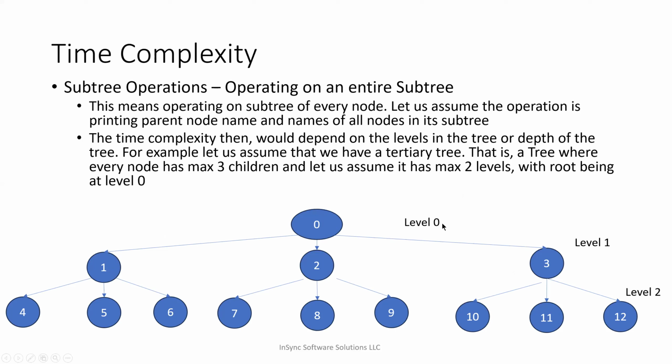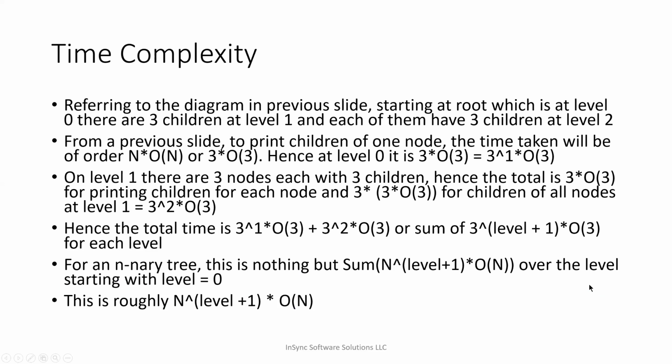So just from root, it will be 3 into order of 3. Now the same thing will apply if you start from 1 and then 3 children for 1, 3 children for 2, 3 children for 3. So at the next level, the total time taken is going to be 3 into order of 3, so that's like 3 squared.